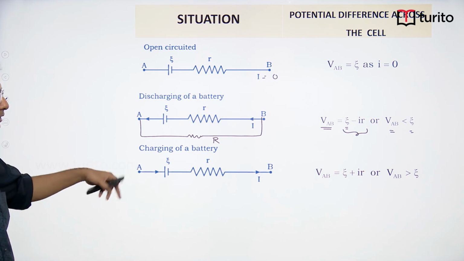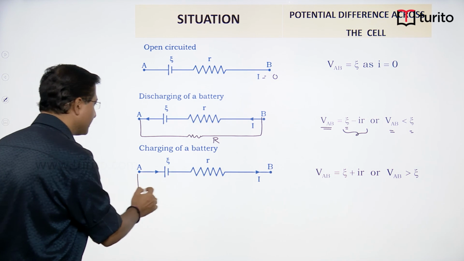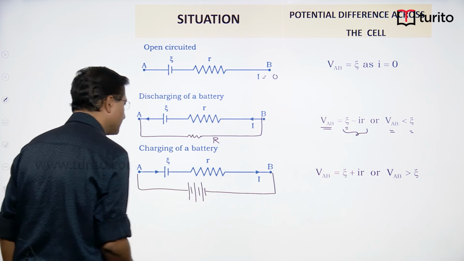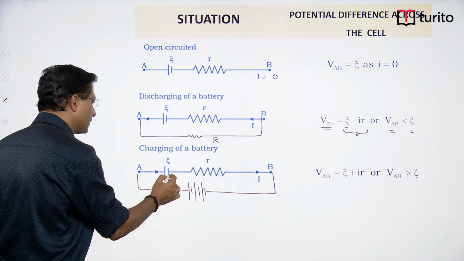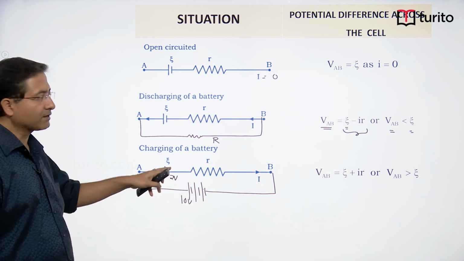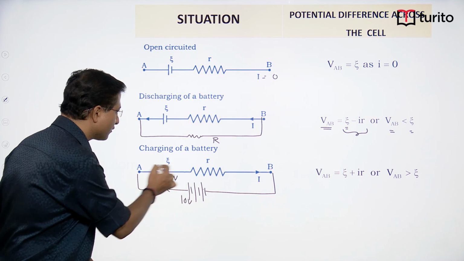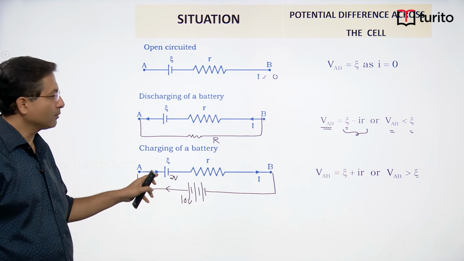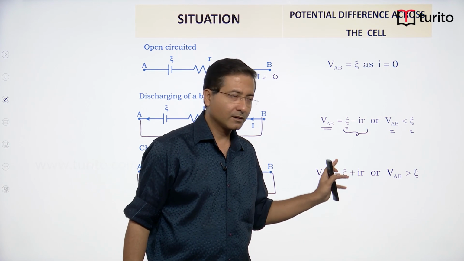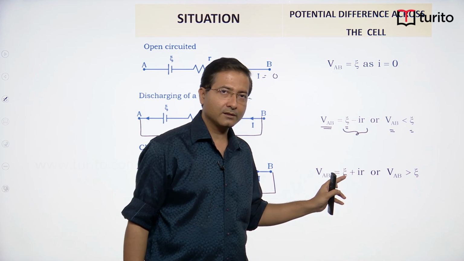If I am charging the battery, I might have connected another battery of higher potential difference this way. For example, if I say this is 2 volt and this is 10 volt, obviously 10 volt will give current and the current flow will be like this. In this situation, the potential difference across the terminal will be E plus IR, right.